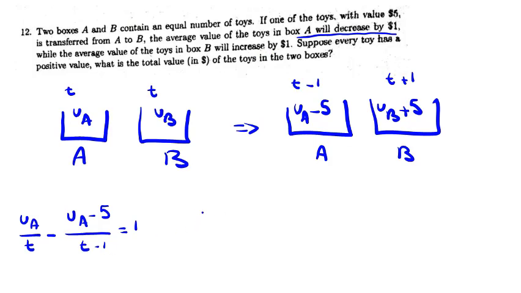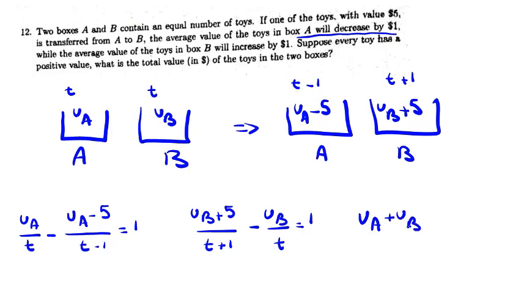So you can say, okay, VB plus 5 over T plus 1 minus VB over T is 1. Why? Okay, suppose every toy has a positive value. Okay, what's the total value in dollars of the toys in the two boxes? So we want VA plus VB. What's the total value?